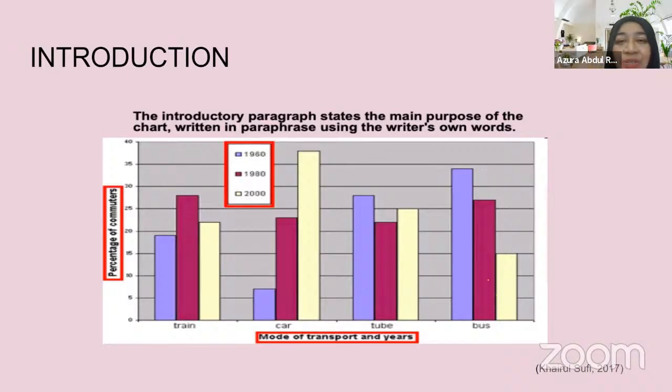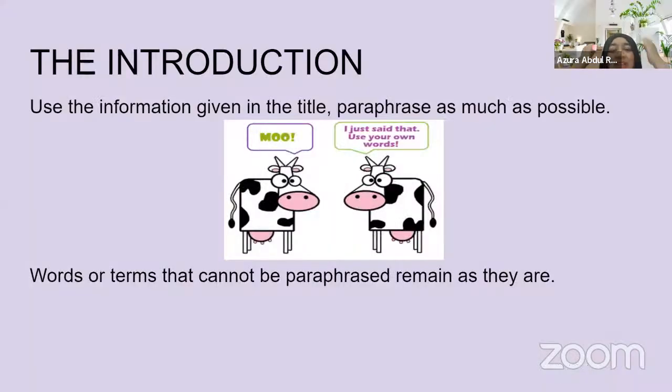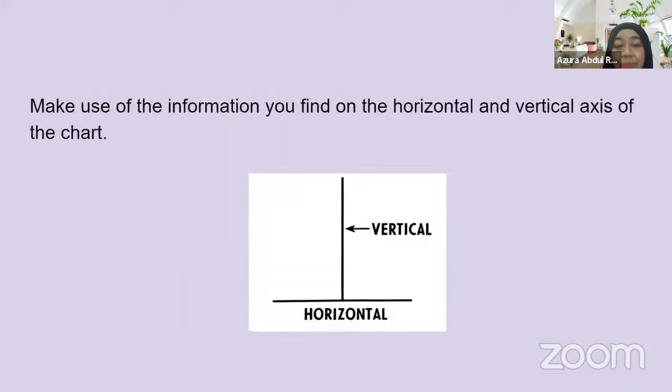All right, now we're going to recap a bit here. So introduction, use the information given in the title, but paraphrase as much as possible. Okay, but of course there will be some words that cannot be paraphrased. If you cannot paraphrase it, keep it as it is, but most words can be paraphrased. So please paraphrase it, all right?